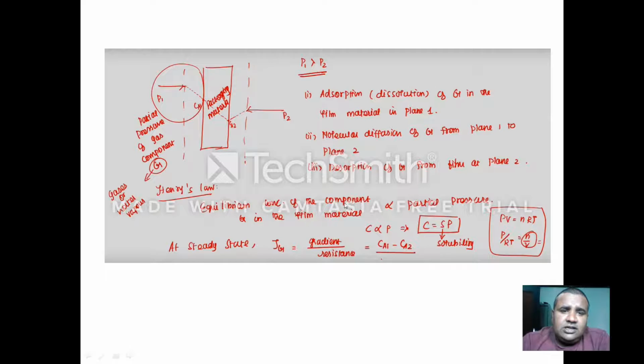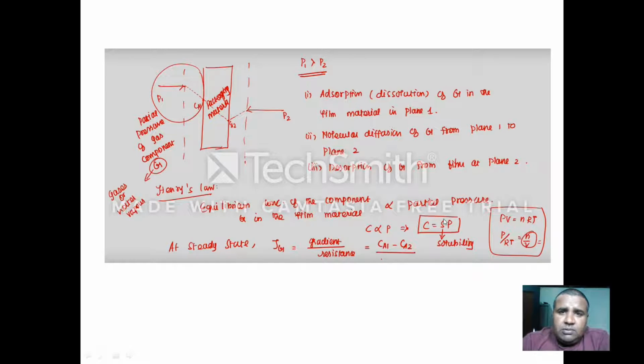At the equilibrium condition, the concentration of the component in the film material will be directly proportional to the partial pressure of the gas. So C will be directly proportional to pressure, and when we remove the proportionality sign, it will become S, and S indicates the solubility.